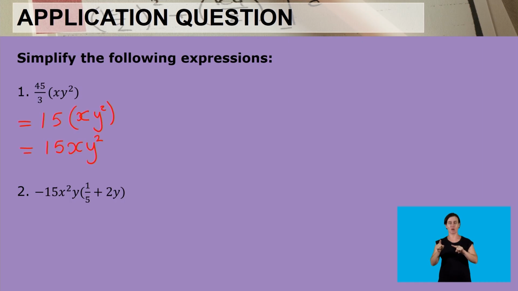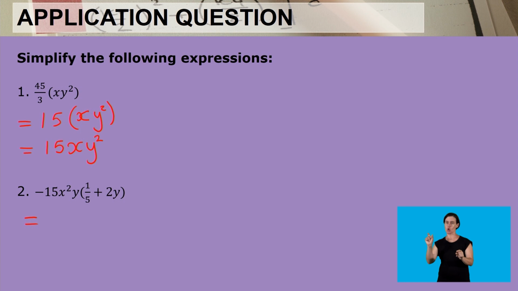So we have there a negative 15x squared y, and this is being multiplied by 1/5 plus 2y. How are we going to multiply this? Remember, when we are multiplying a monomial with a binomial, we need to make sure that each term in the binomial multiplies with that monomial.